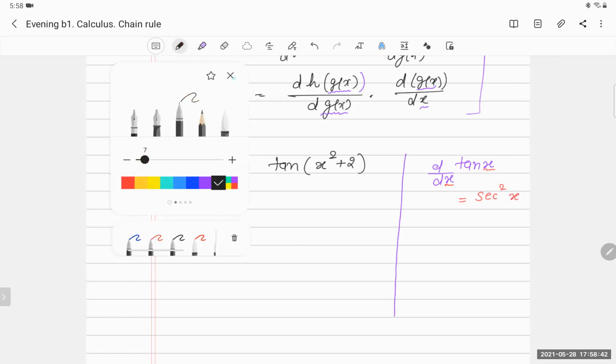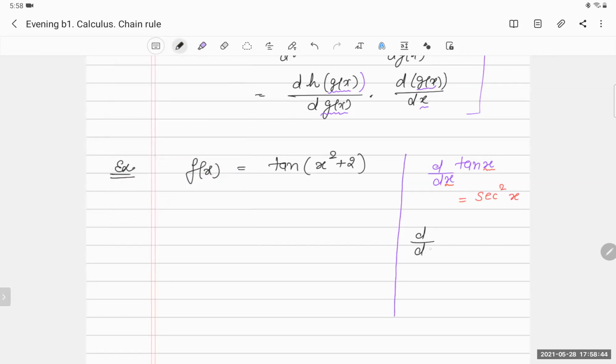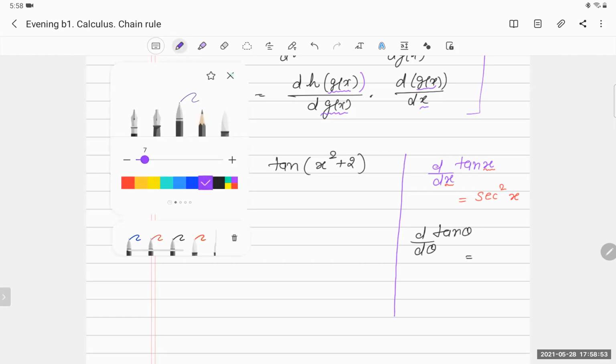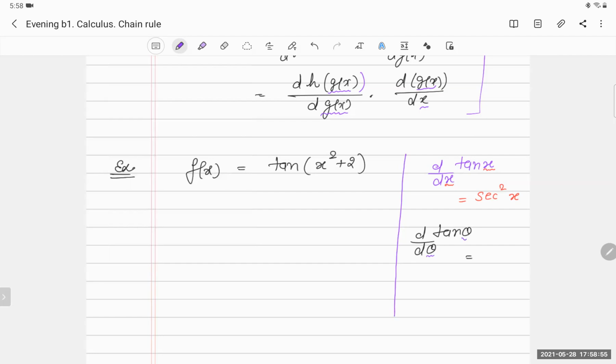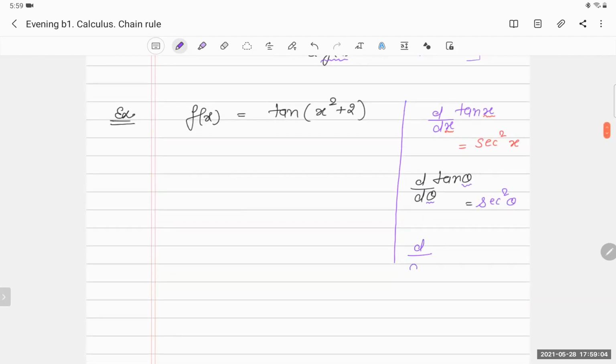Suppose I say d by d theta of tan theta, it will become sec square theta. You will say, but how? You will say this is theta, this is also theta. Now I don't have to worry, I will just write sec square theta. Suppose I write d by dx of sine x square.